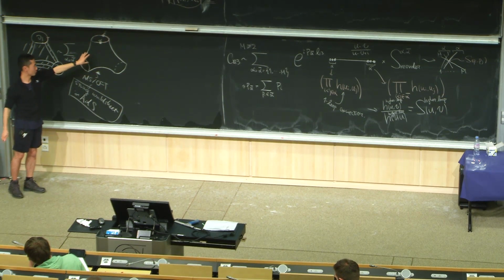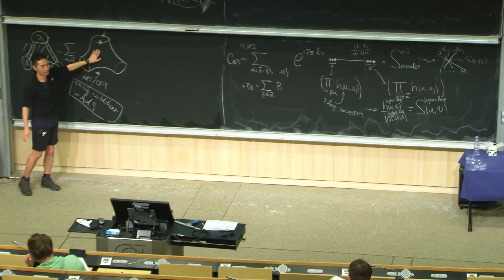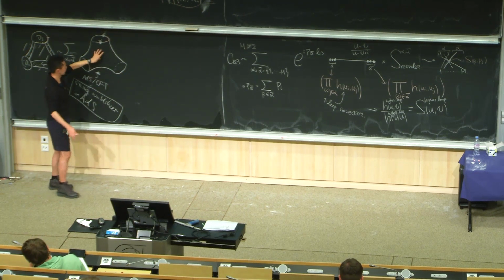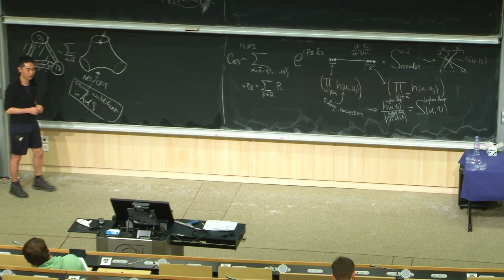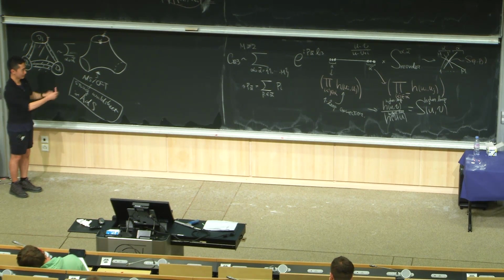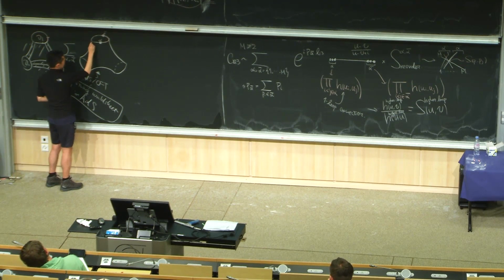Because if you just draw this picture, everything is on a single surface, so it seems a bit unlikely that alpha and alpha bar do not talk to each other. The way to make it clear that they do not talk to each other is to cut this surface like this.